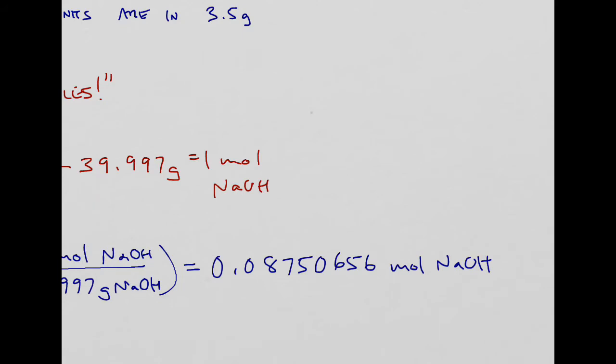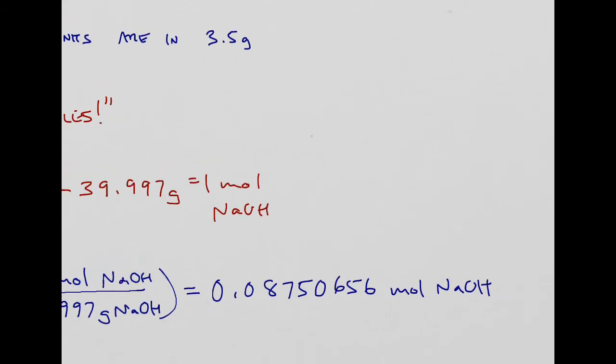I'm just going to move up here because there's not a lot of space, and I don't want to keep going to a new page. Since I know that I'm going to have 0.0875056 moles of sodium hydroxide, I'm probably going to have to move this over here.